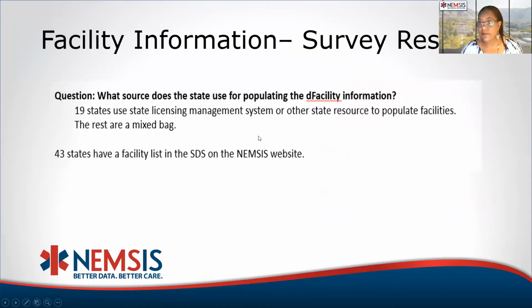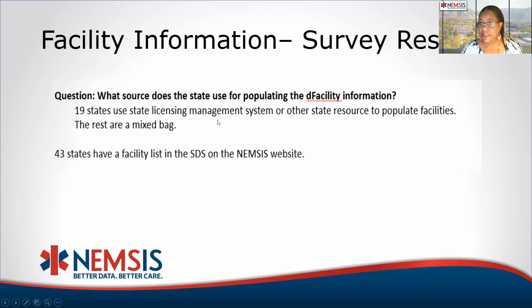All right, so in the facility survey information that we conducted recently, we saw that the question was asked, what source do you use to populate your facility information? And so many of you said that you're using your license management system or some other state resource.